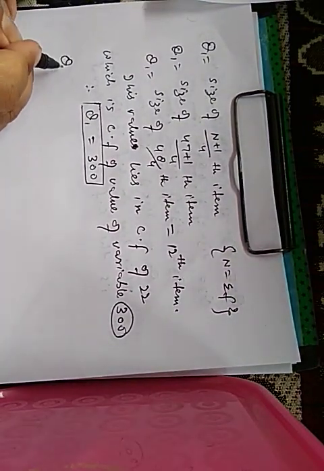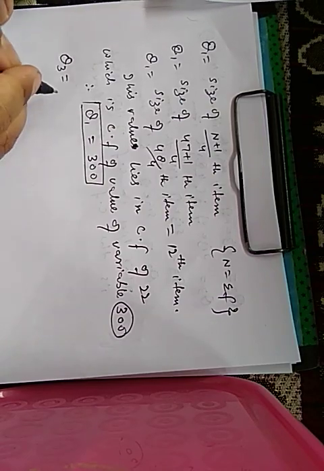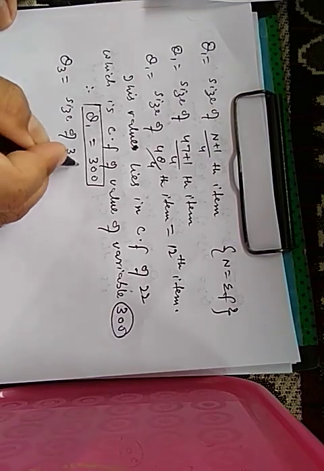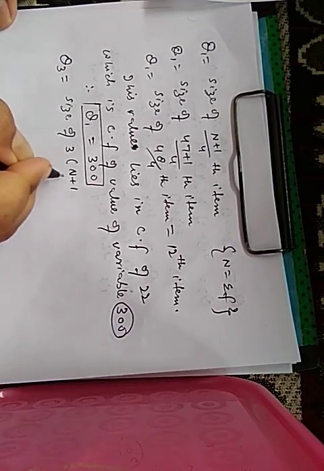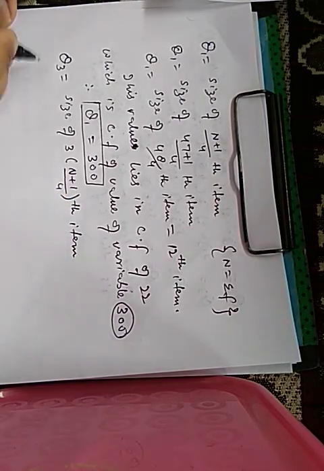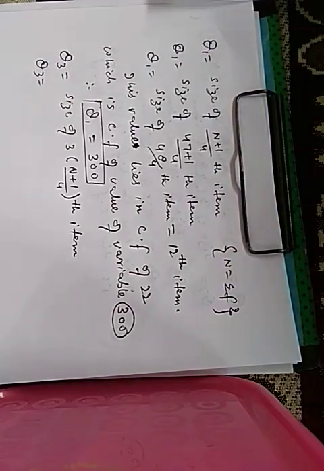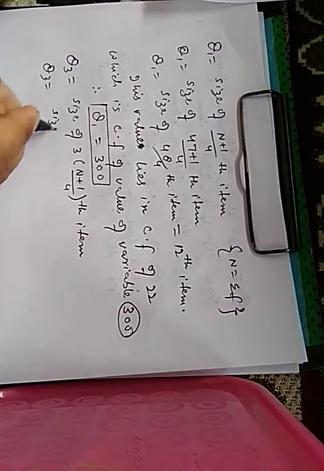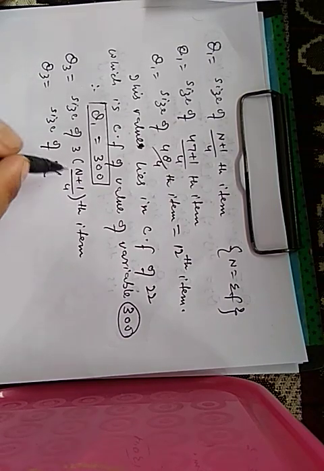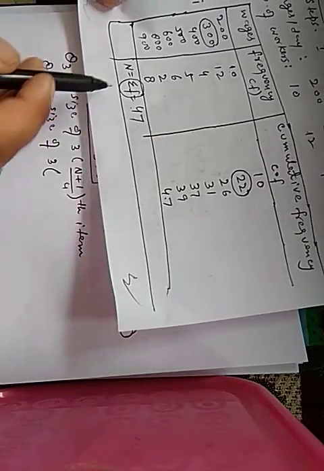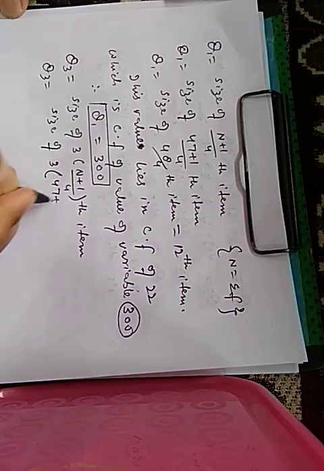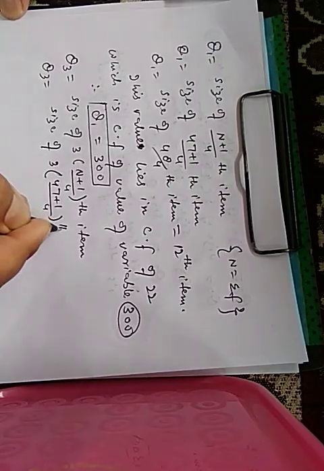Similarly, third quartile is equal to size of 3 multiplied by (n plus 1) divided by 4th item. It will be equal to size of 3, n is equal to sigma f, which is equal to 47, plus 1, divided by 4th item.